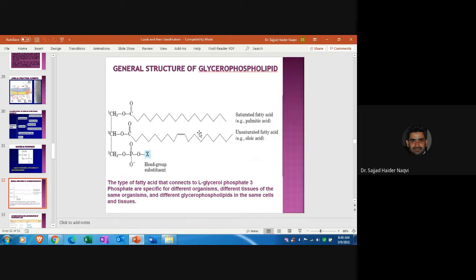Now, in this case, we have one saturated fatty acid, which is palmitic acid, and one unsaturated fatty acid. You can see a double bond here. That is the oleic acid. So the type of fatty acid that connects to the L-glycerol phosphate is very specific for different organisms. So that means in a different organism, there is a specific type of fatty acid connecting with the glycerol phosphate, and they have different functions within the cell.